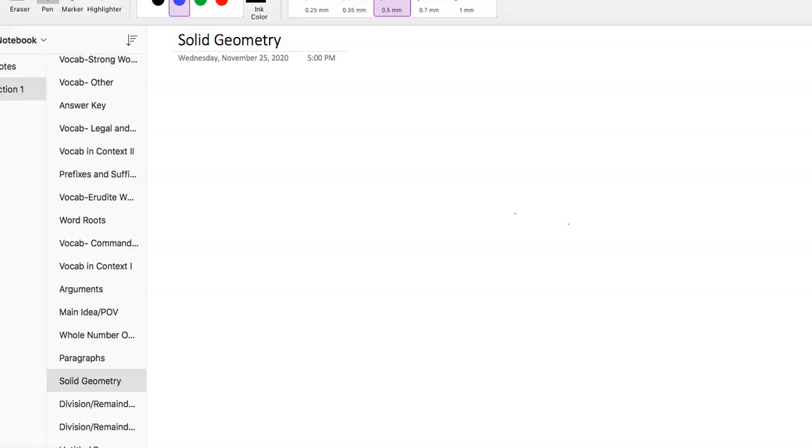Number 2, rectangular solid. The volume of a rectangular solid is just length times width times height. So you just multiply them together.